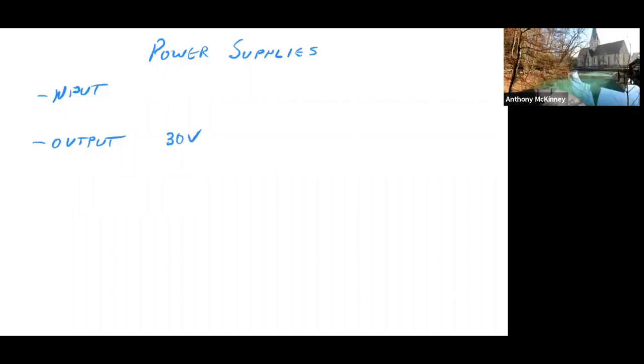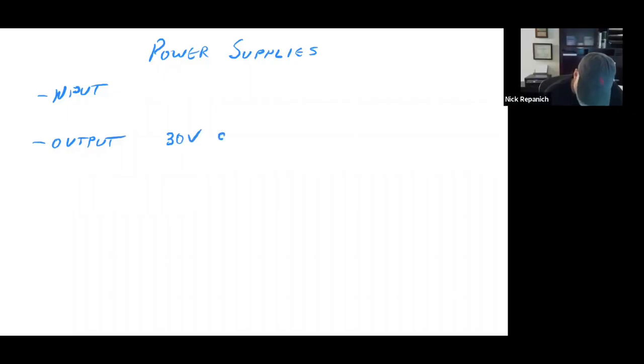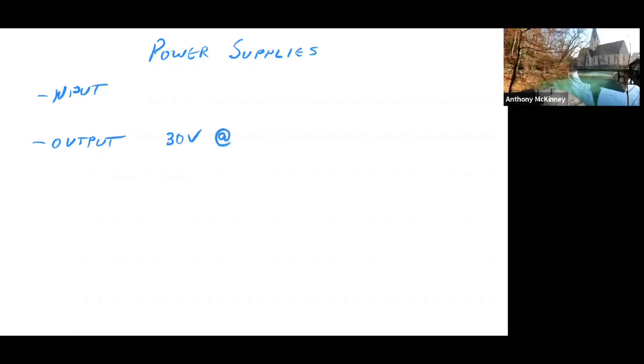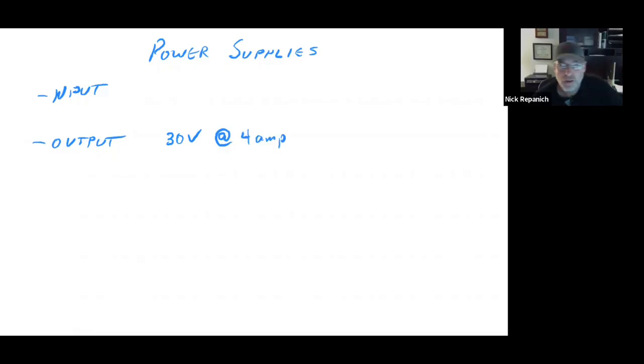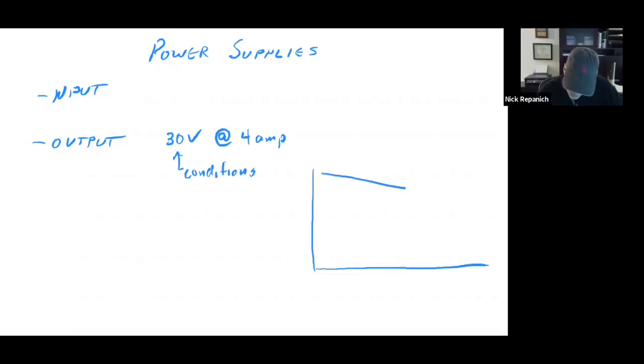Now, at what? 30 volts and 4 amps, up to 4 amps. You need both numbers, don't you? And in fact, this one, we need conditions. And the conditions are a little tricky. It's a linear supply.